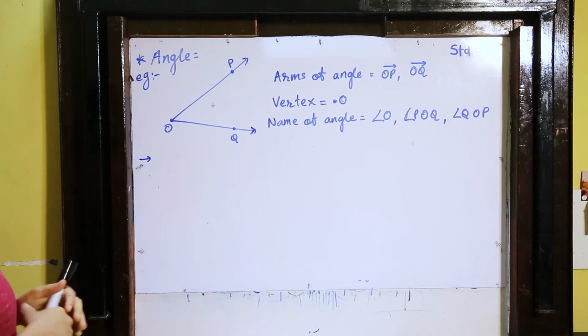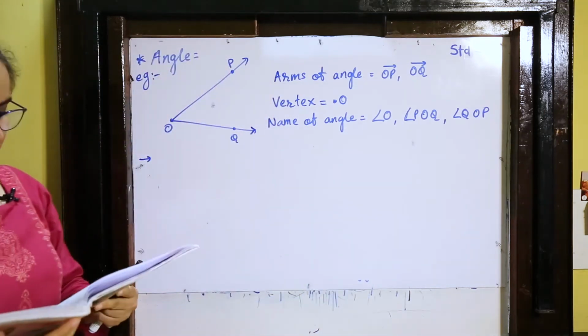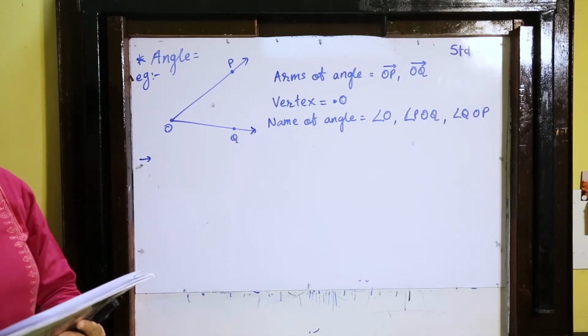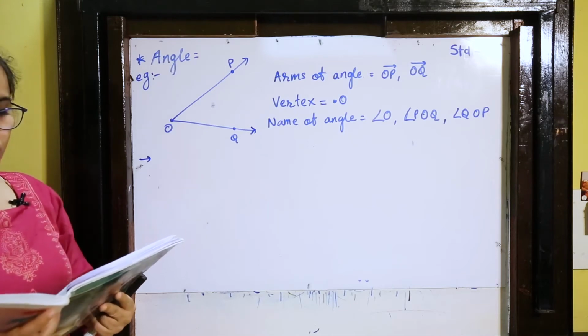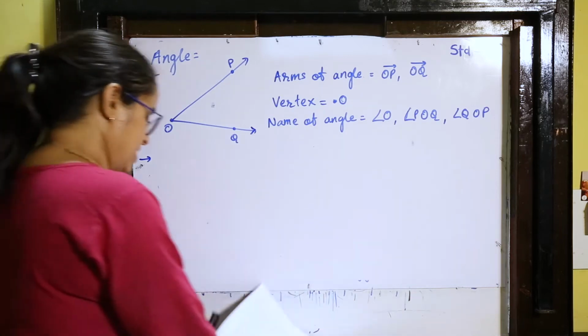you need to write some points about the angle. First point: two rays OP and OQ make an angle. I'll write it down for you here.